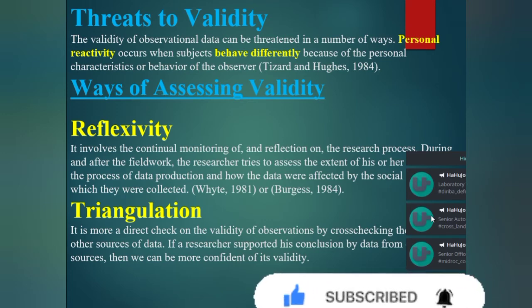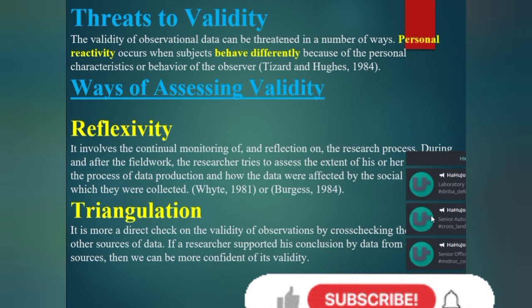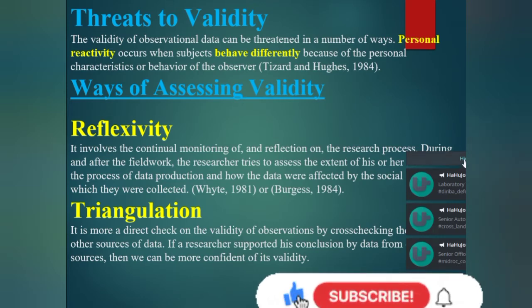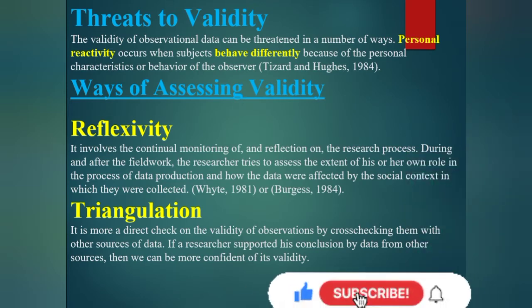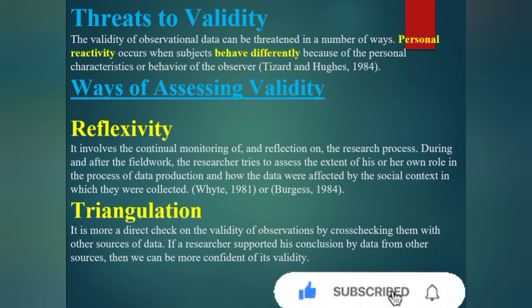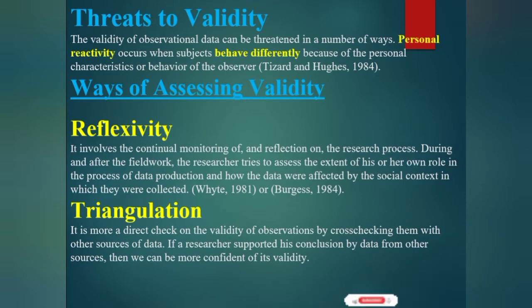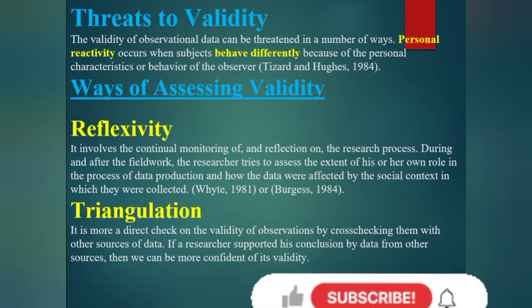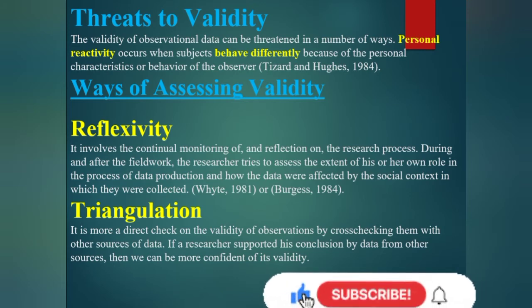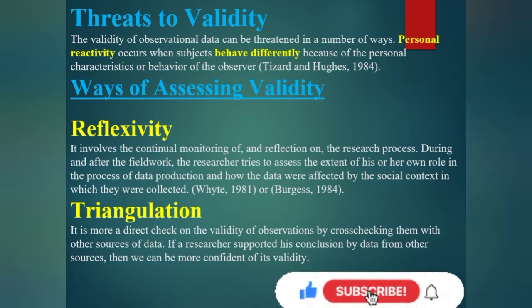Reflexivity involves the continual monitoring of, and reflection on, the research process. During and after the fieldwork, the researcher tries to assess the extent of his or her own role in the process of data production and how the data were affected by the social context in which they were collected. White, 1981, or Burgess, 1984.